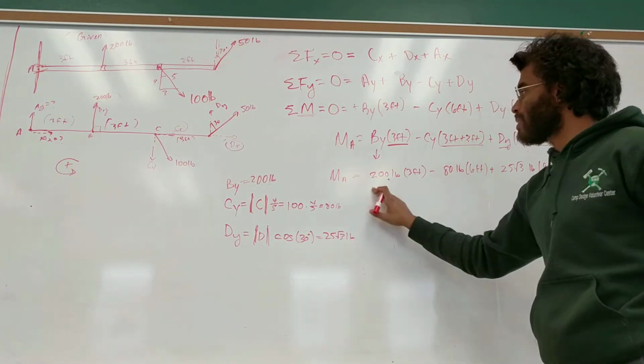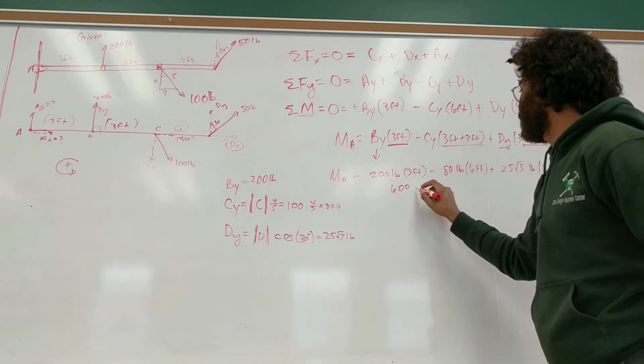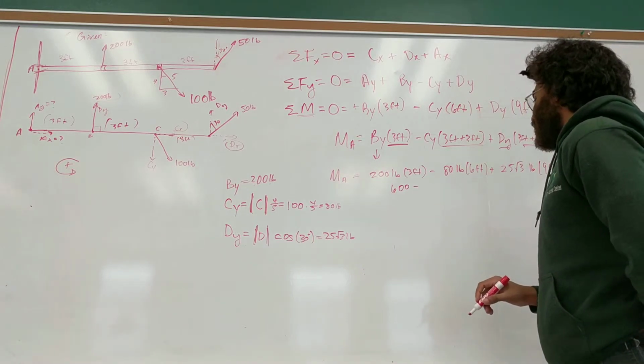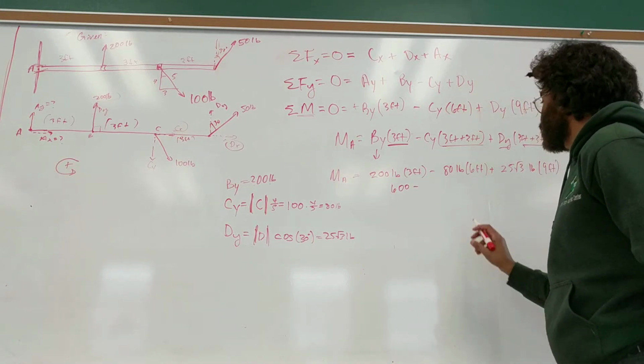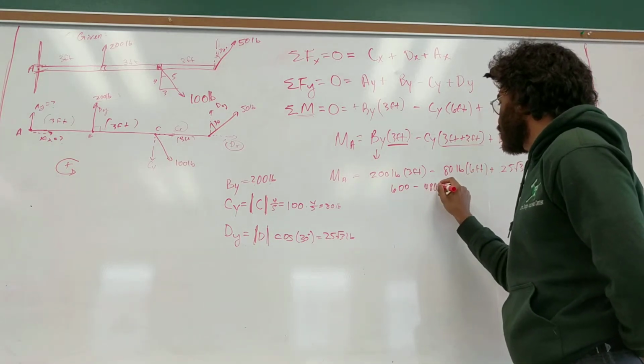And we sum all these numbers up together. So we'll get 600 minus, all right, so 6 times 8 is 48, so it'll be 480.